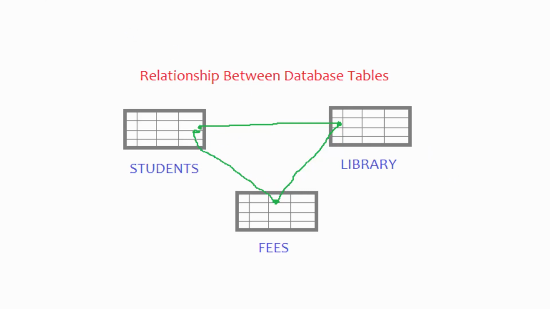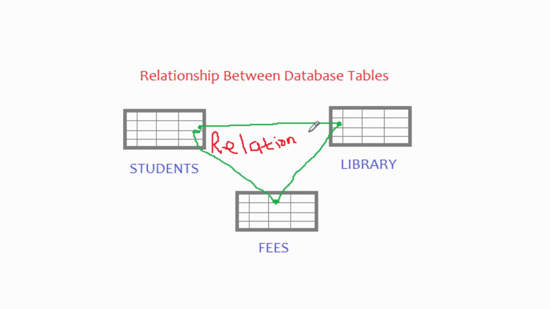Finally, we will have created what we call relationship, and this is very important because if they are not related like this, then it will be difficult to get the information from all the three tables.